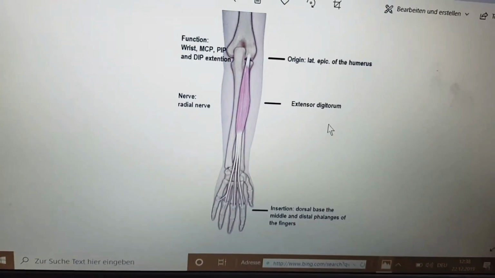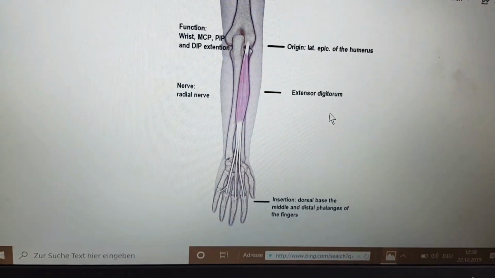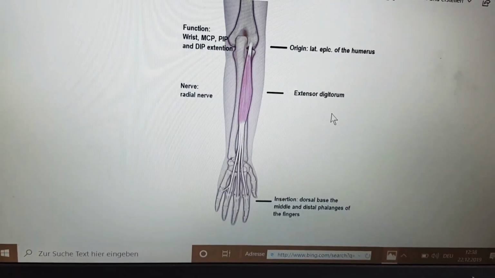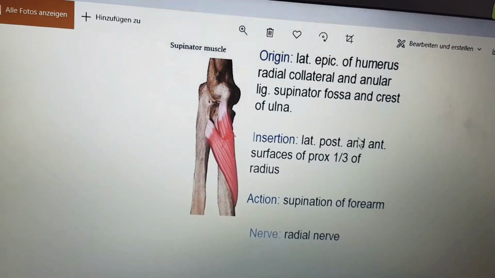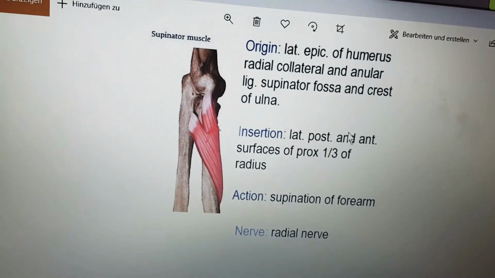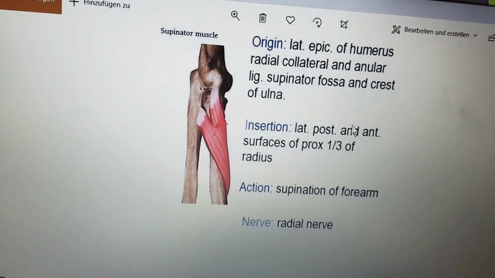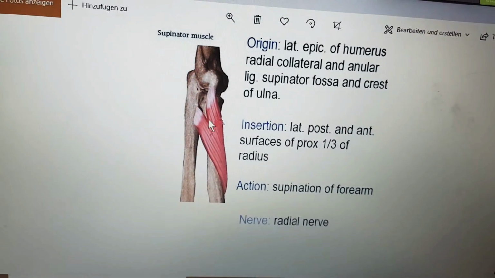Now I will explain the deep muscles of the dorsal group of the forearm. In this group we have five muscles, as I explained. The first muscle is supinator muscle. This muscle has two heads.